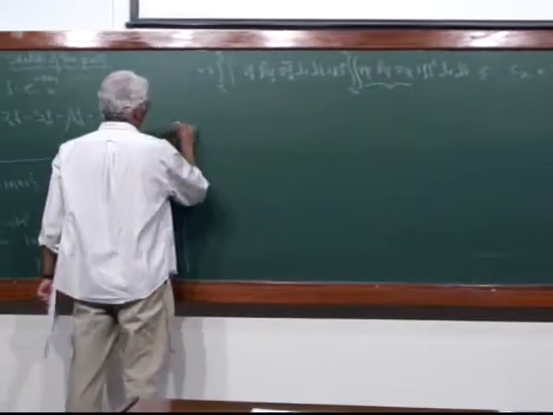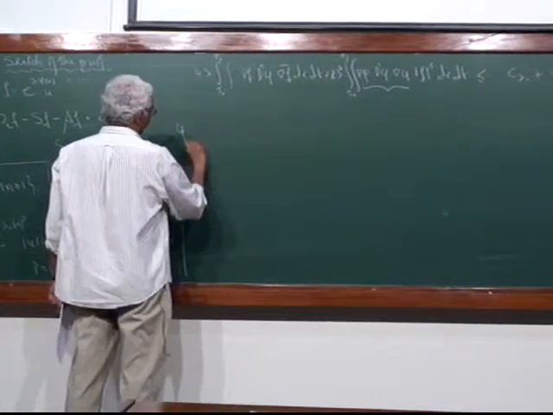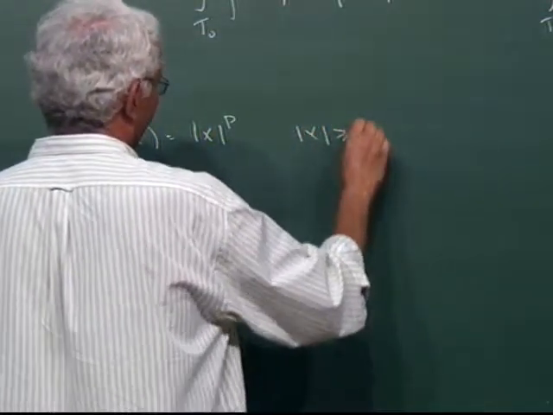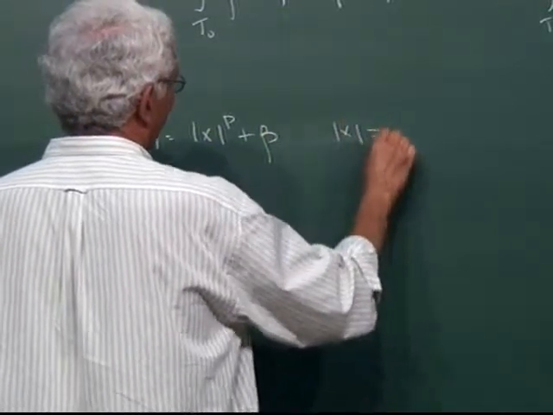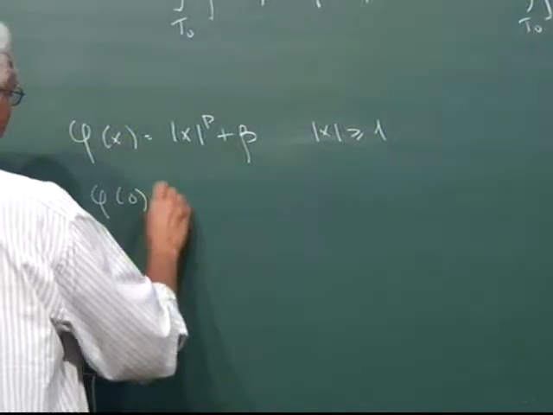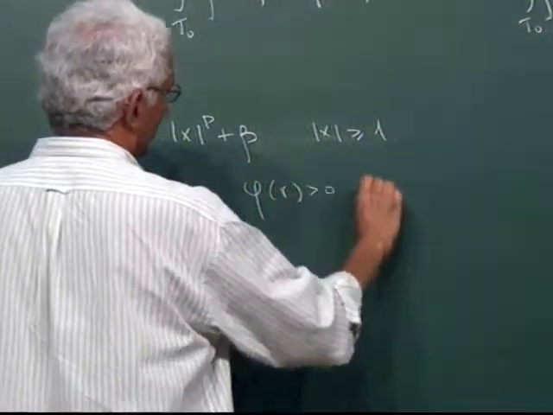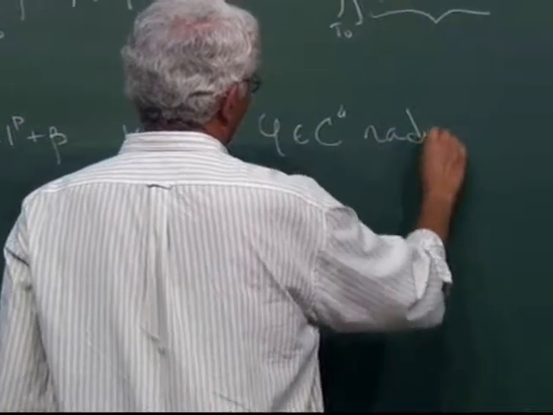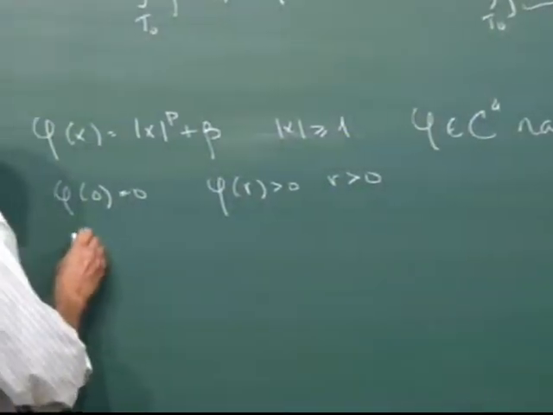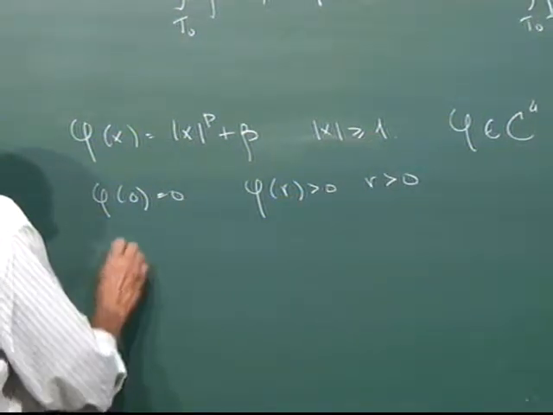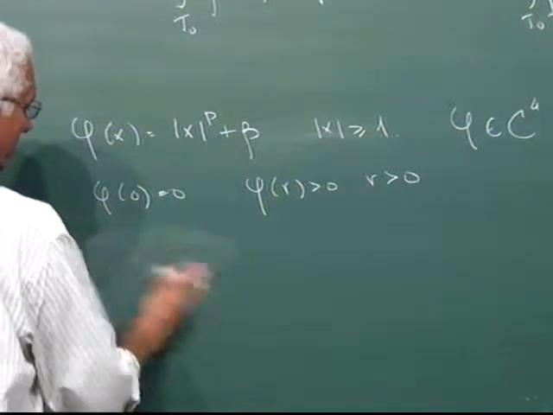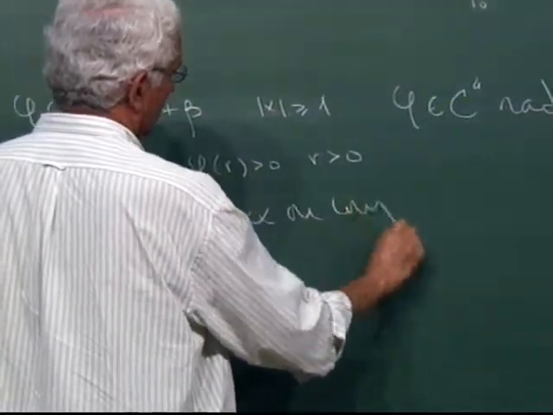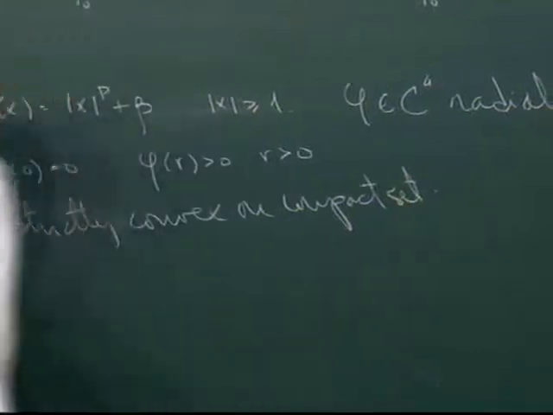Phi satisfies the following: it is equal to x to the p for x larger than 1, phi of 0 is 0, positive outside 0, radial, C4, and uniformly convex, strictly convex on compact sets.